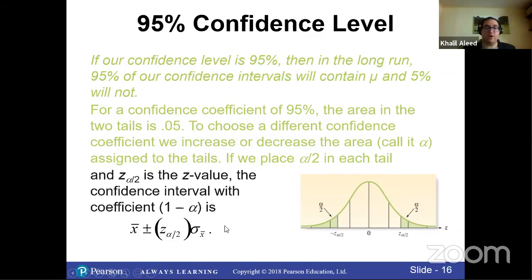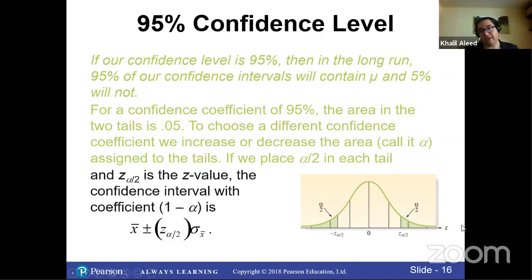To find that, we use this formula here. You take the X bar, which is the mean of the sample you have, plus the Z value based on alpha over 2.